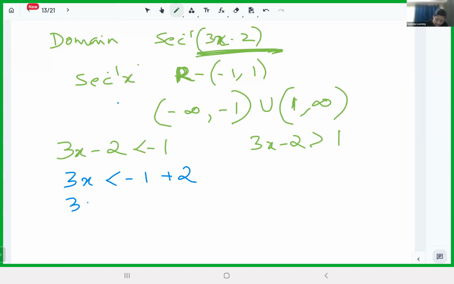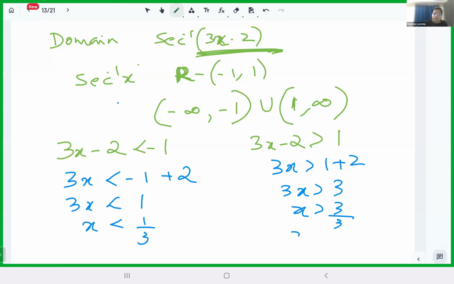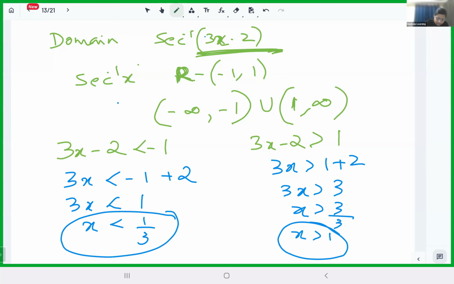So 3x is less than 1, x less than 1 by 3. And similarly, if you solve the other one, you'll get 3x greater than 1 plus 2, 3x is greater than 3, x is greater than 3 by 3, that is x greater than 1. Which means x can take values greater than 1 and values less than 1 by 3.